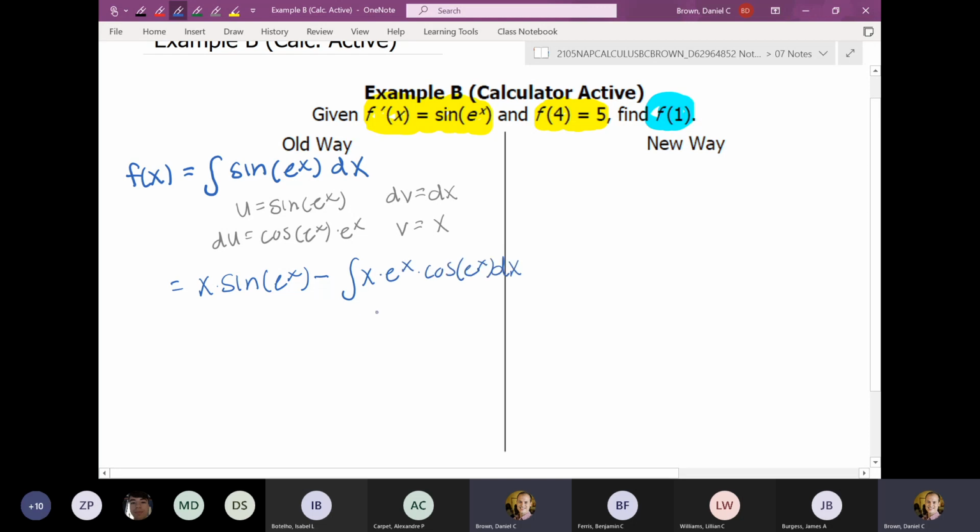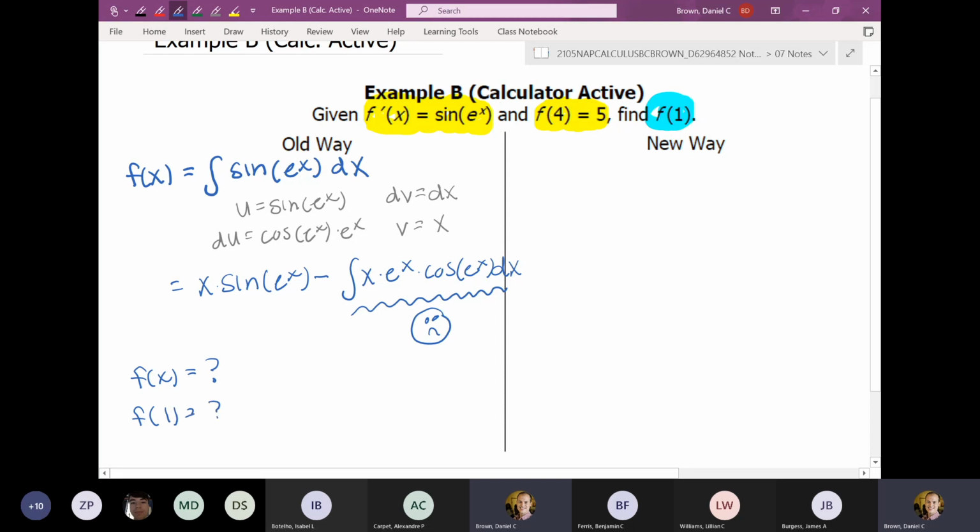Because if you're looking at this one, this integral is now like integration with 3 parts there, and that's not something we can do by hand. In fact, this is one that we cannot integrate using regular methods by hand. So there's no way to find a general solution for f of x. There's no way to find a particular solution for f of x. So then there's definitely no way to find what f of 1 is.